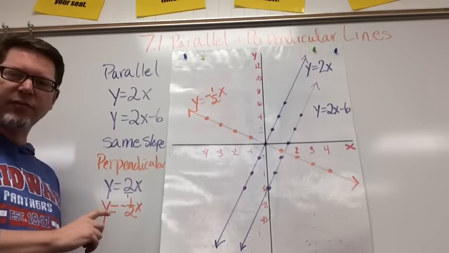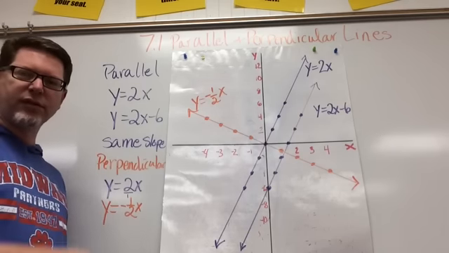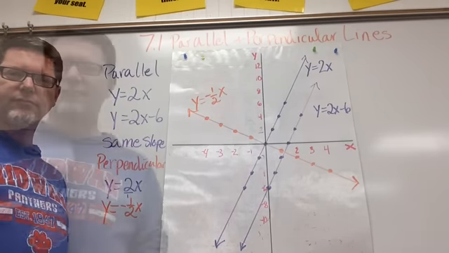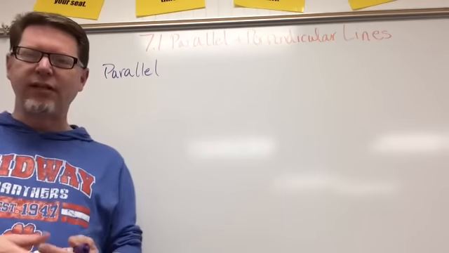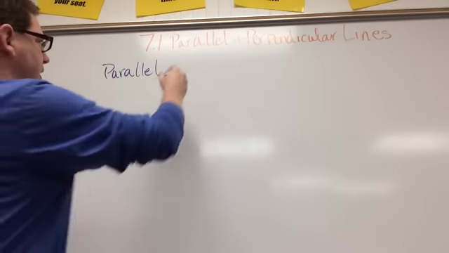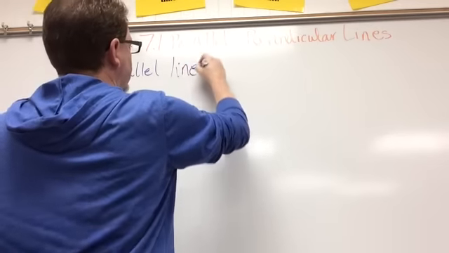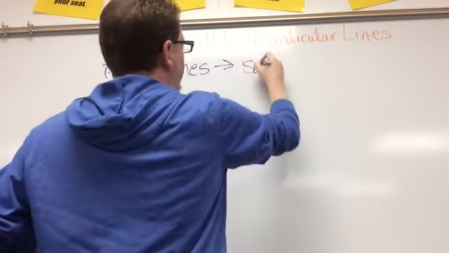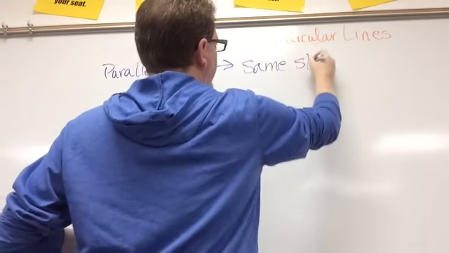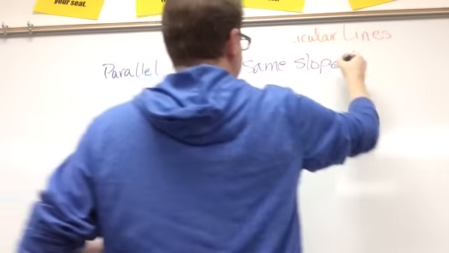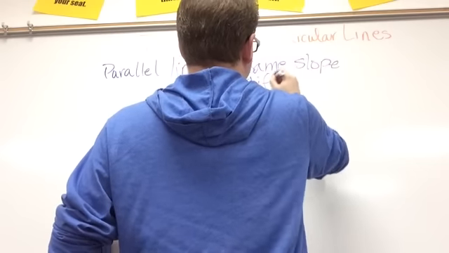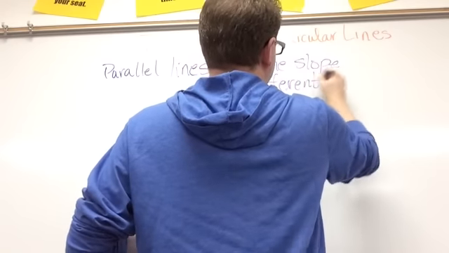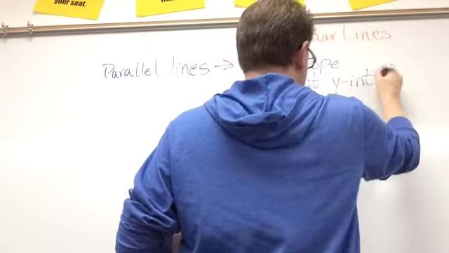Make sure you have that information down, and we'll do some more examples in just a second. So just in case you didn't have it written down, let's make sure we have it written down. Parallel lines, same slope, different y-intercept.